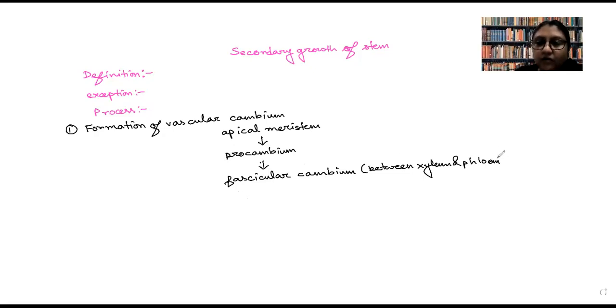Now, in case of these two, another thing that is produced from procambium is the parenchyma. So apart from fascicular cambium, there will be production of parenchyma beside the fascicular cambium.